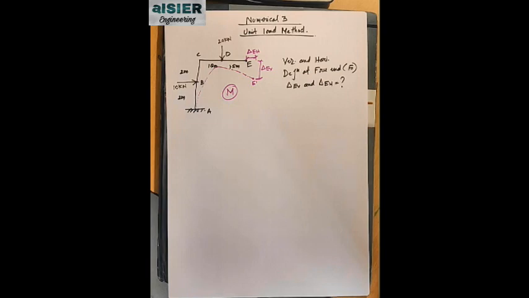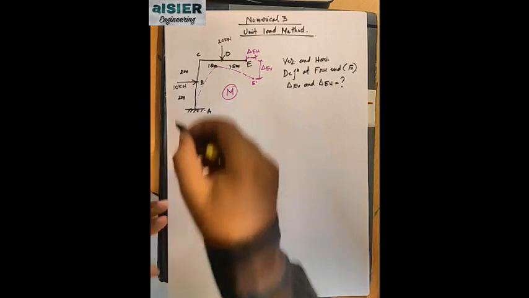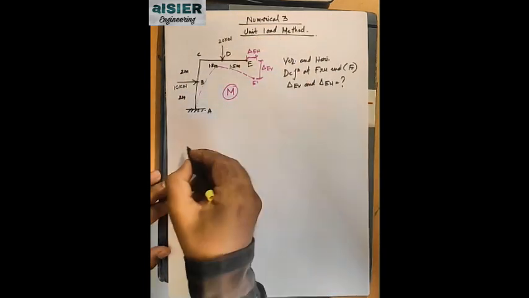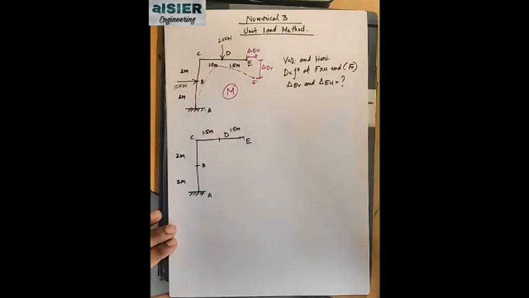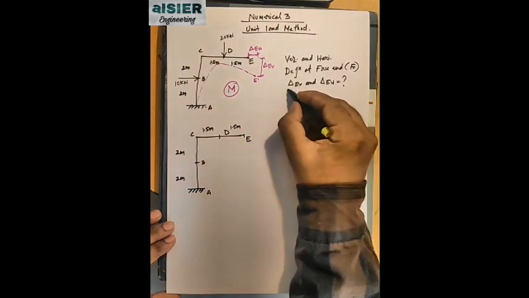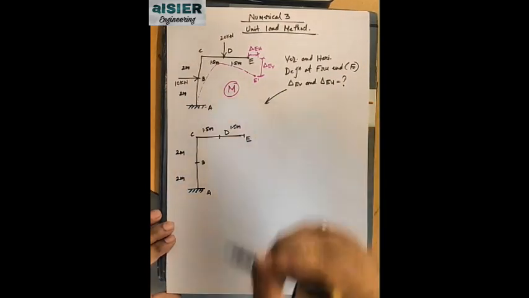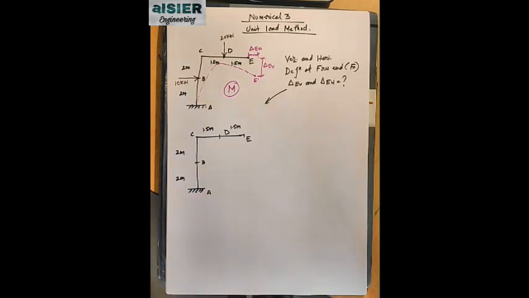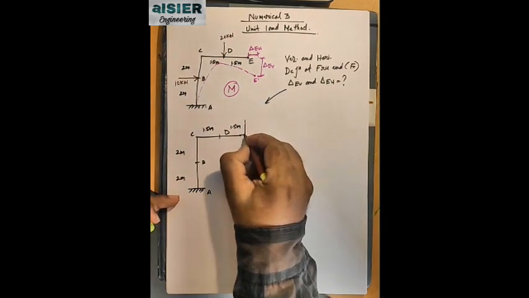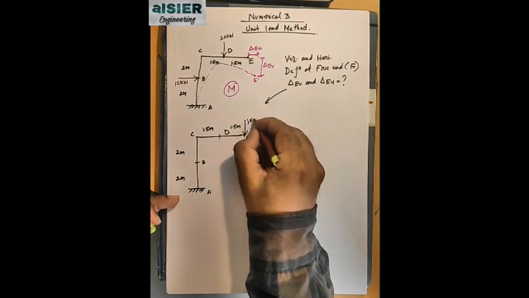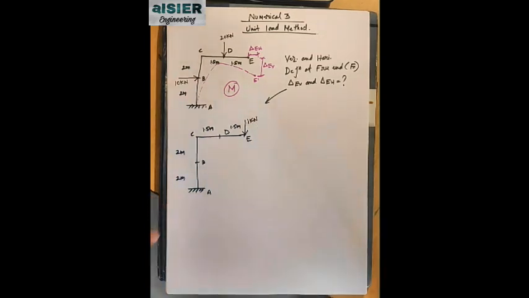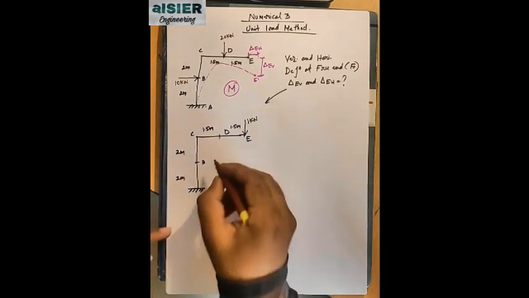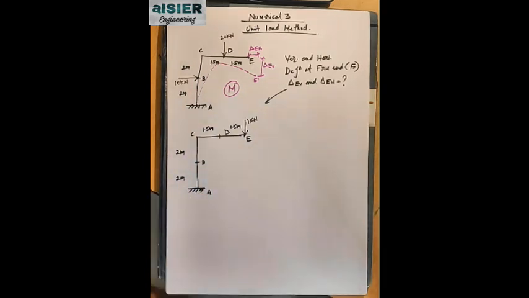And now we will draw another diagram. To draw another diagram, we have to remove all the original loading. So 10 kilonewton, 20 kilonewton, we will remove this loading. Right? Now we are interested to calculate vertical deflection at point E. So we will apply here a vertical point load, which is also known as unit load of 1 kilonewton, and we will name this diagram as small m1 diagram.